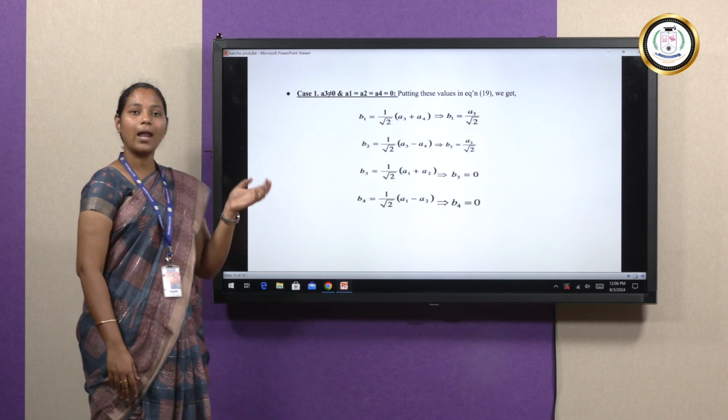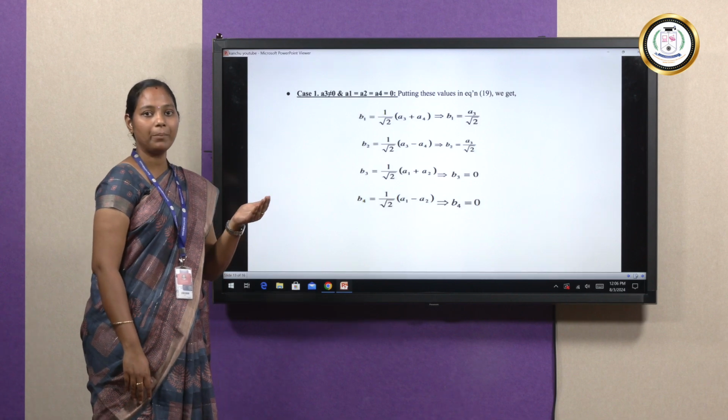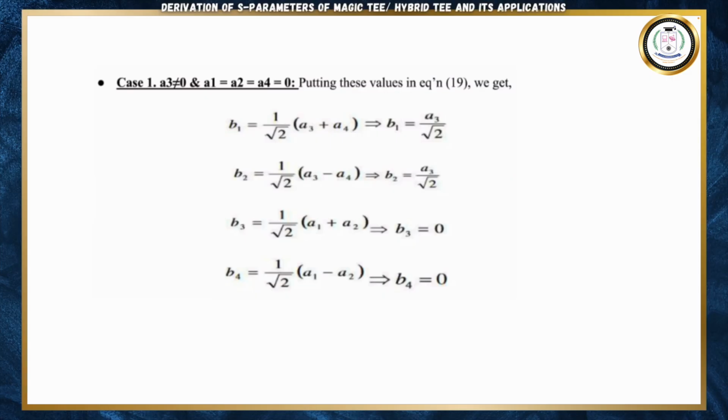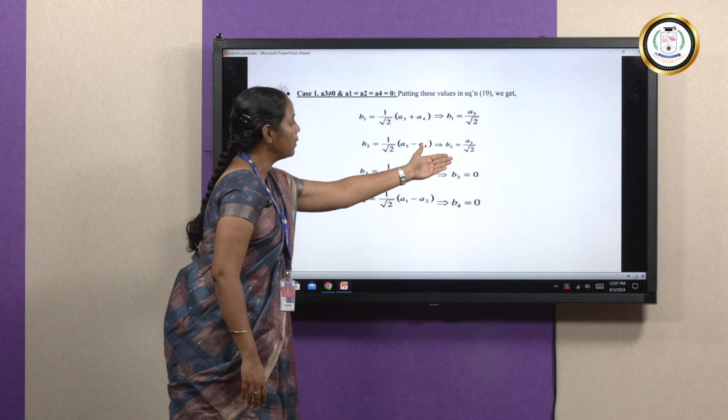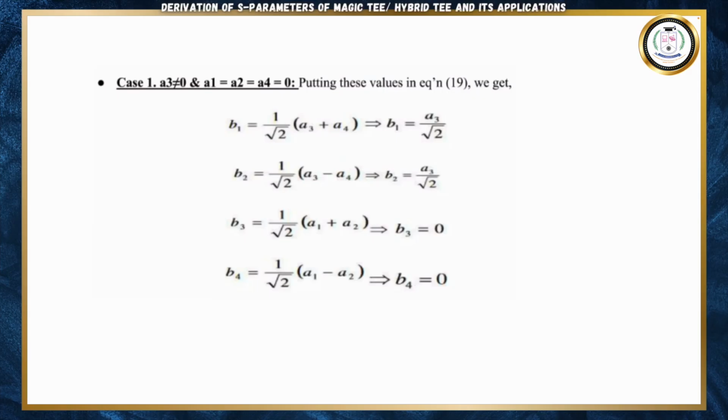So if it is equal amplitude and same phases, what will happen? It is nothing but we have to get the positive signs. So if you see here, B1 equals 1 by root 2 A3 plus A4. So we can write B1 equals A3 by root 2 and B2 equals A3 by root 2. The other things, B3 and B4, are 0 over here. So this is nothing but your H-plane.